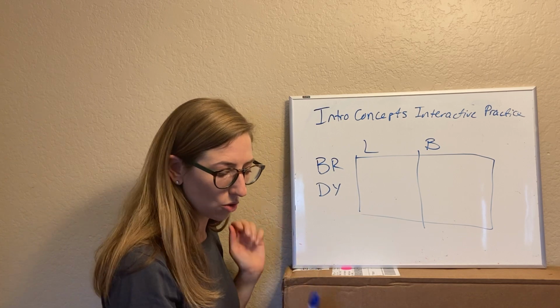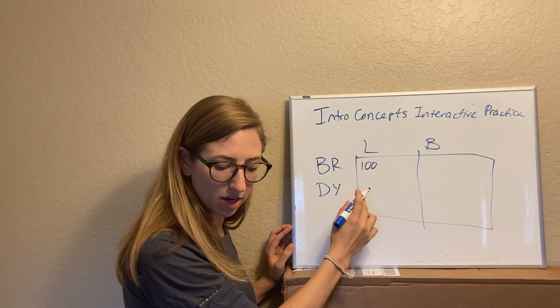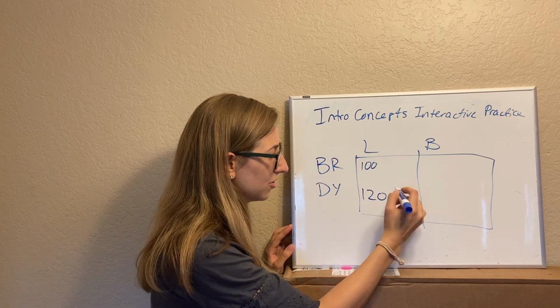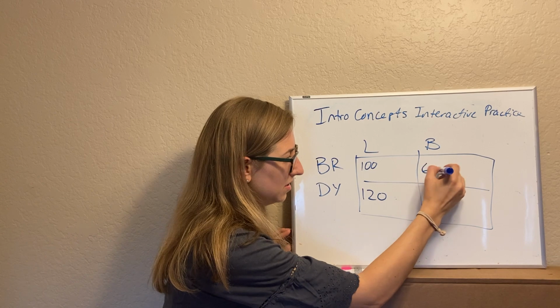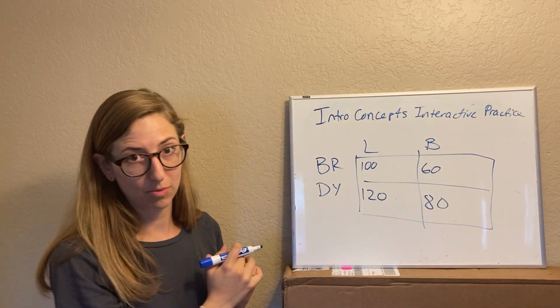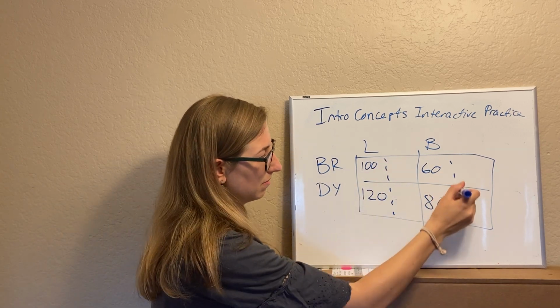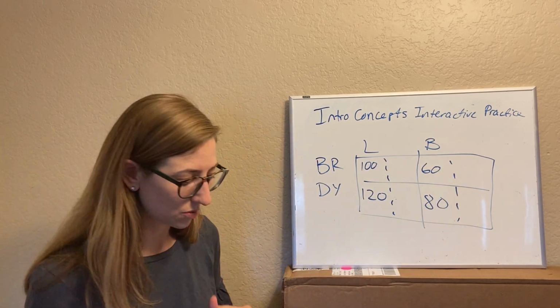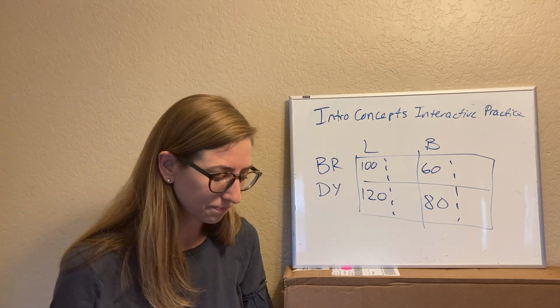First you have the number of each that they're producing. BlackRock can make 100 lattes, DeYoung's can make 120 lattes, while BlackRock could make 60 bobas and DeYoung's can make 80 bobas. Then I gave you the opportunity cost per thing that they produce, which you do need to solve this problem, but I'll always give it to you if you need it.